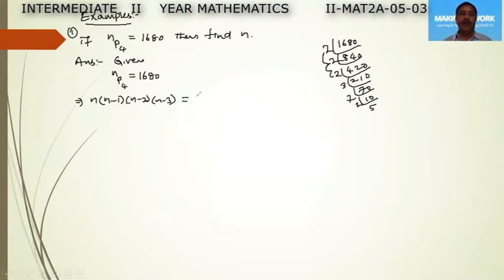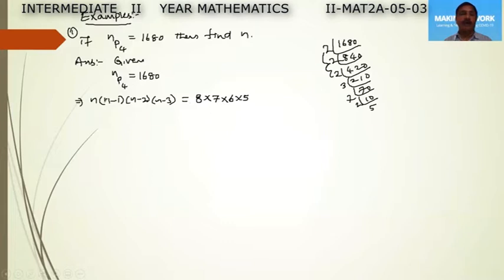So we can express this as the product of 4 consecutive numbers as 8 into 7 into 6 into 5. So after factorizing this value 1680, we can observe that 1680 can be expressed as 4 consecutive numbers: 2 into 2 into 2, 8, and 7 is there, and 3 into 2, 6 into 5.